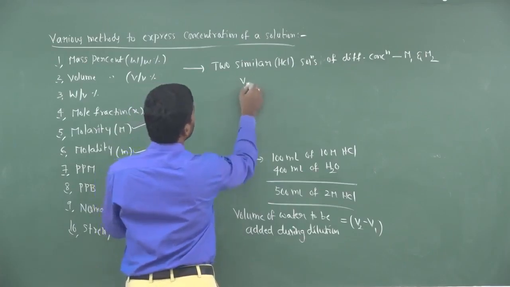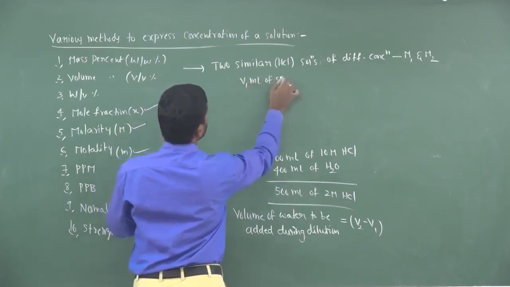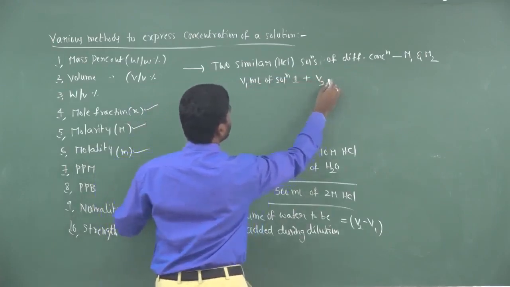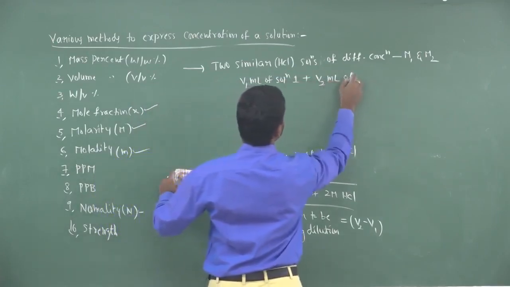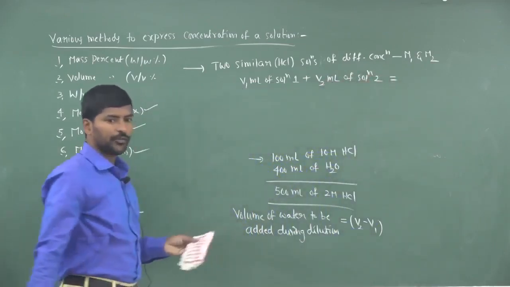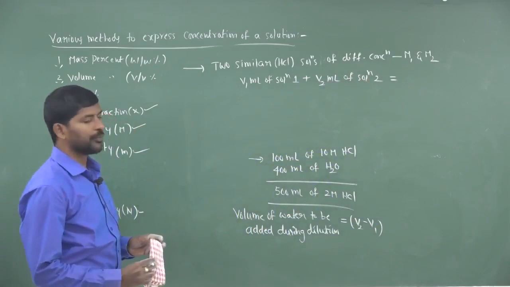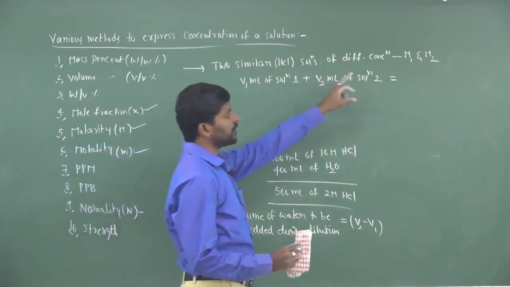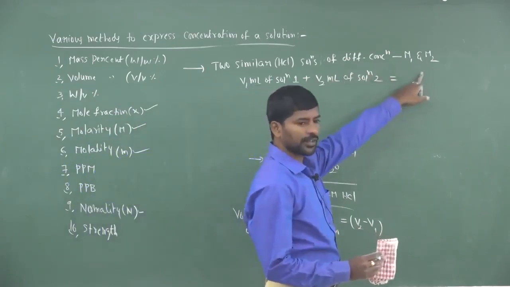Now we are mixing V1 ml of solution 1 and V2 ml of solution 2. Solution 1 concentration is M1, solution 2 concentration is M2.